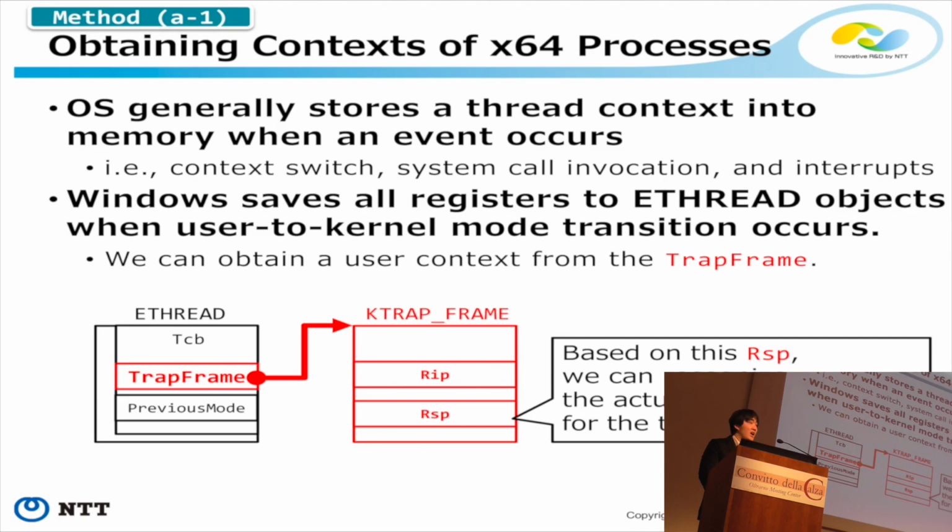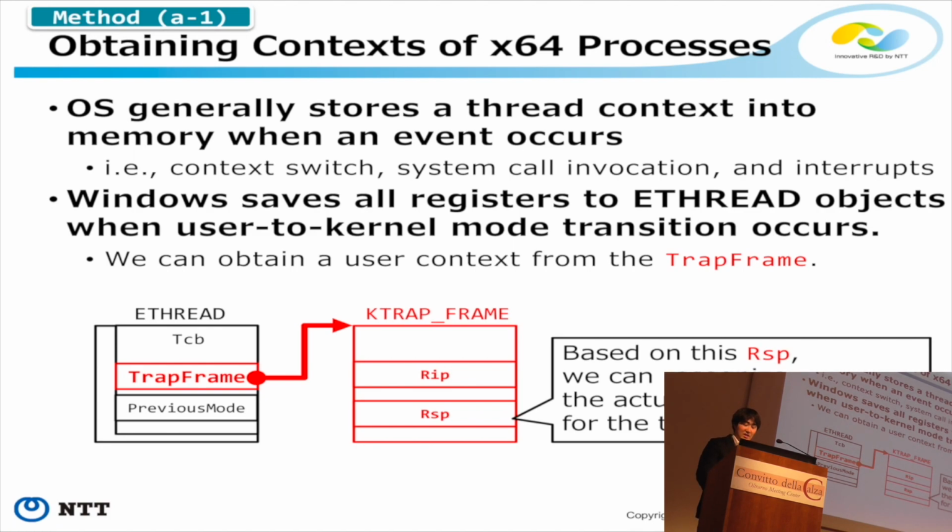In main phase 1, our method gets the user context of the target thread. The operating system generally stores a thread context into memory when an event occurs. For example, context switches, system call invocations, interrupts, and so on.